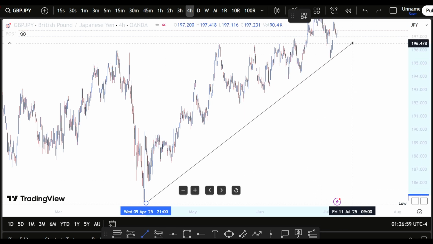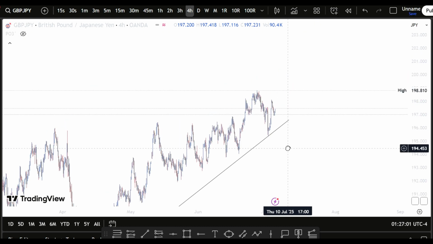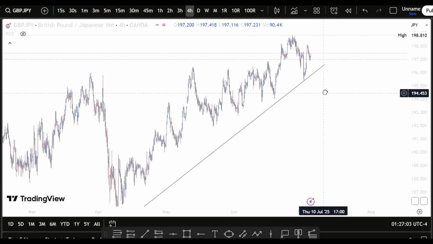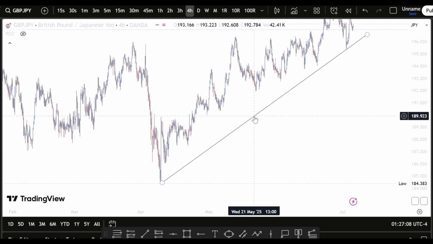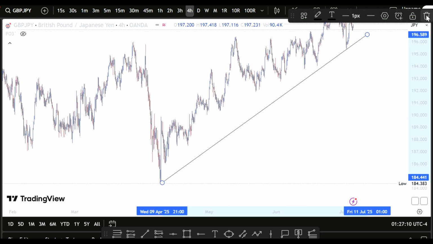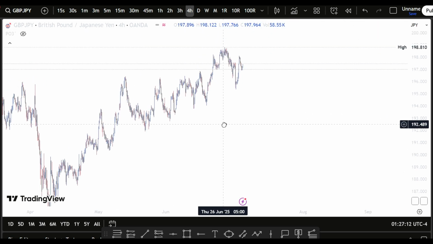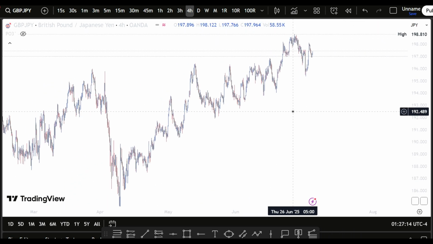Very nice. So I want to take this out, and what I want to be looking out for are key levels where the market moved and broke structures, which will give me an idea of institutional footprints.